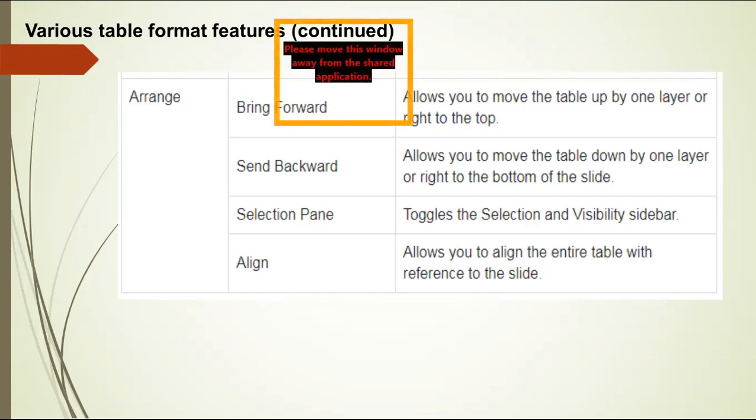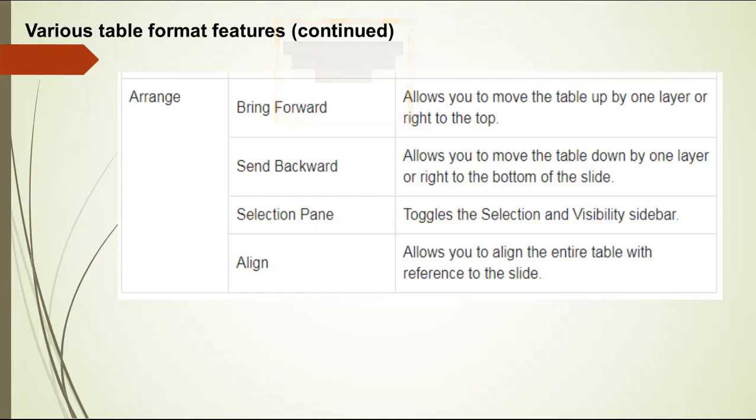Parang object yung table mo kung saan pwede mong i-bring forward, send backward, yan. Allows you to move the table up by one layer or right to the top. Yan. Pag bring forward kasi, parang nasa taas siya o kaya parang nasa harapan yung table mo.